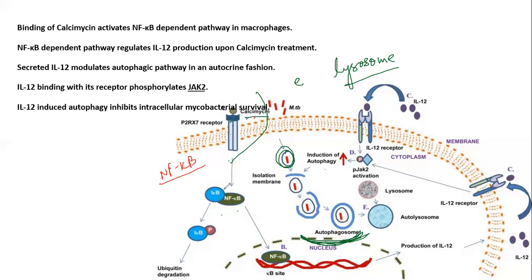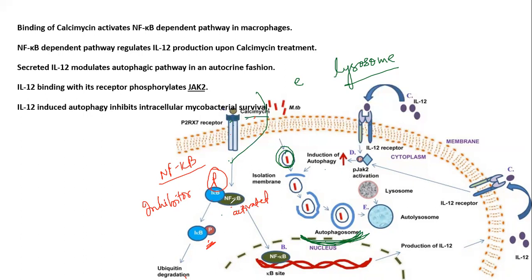In the cytoplasm, when there is no signaling, NF-kappa B is bound to I-kappa B, the inhibitor kappa B. Now what happens? When this is getting activated, certain kinases go and phosphorylate I-kappa B. Upon phosphorylation, I-kappa B loses its affinity for NF-kappa B and goes for degradation. Now you have NF-kappa B activated.